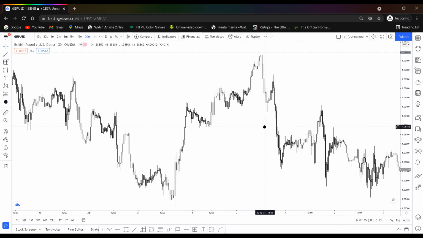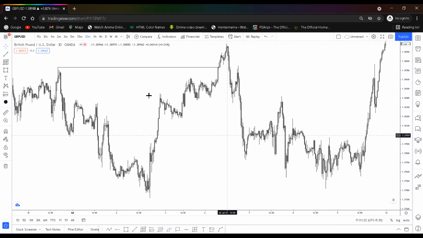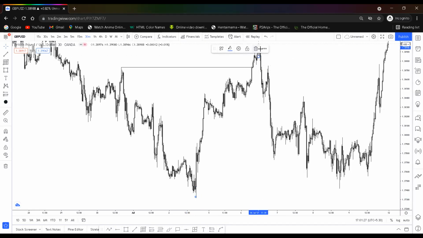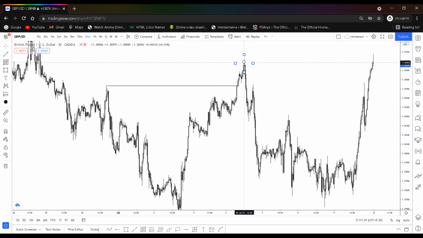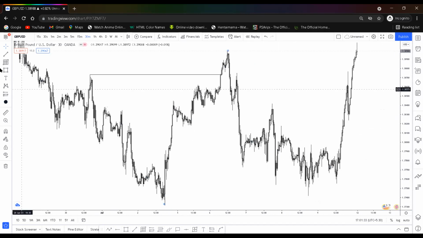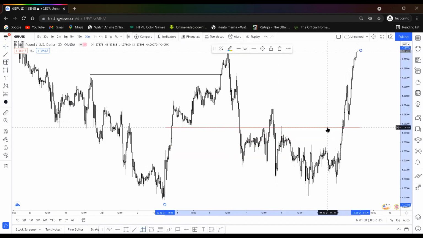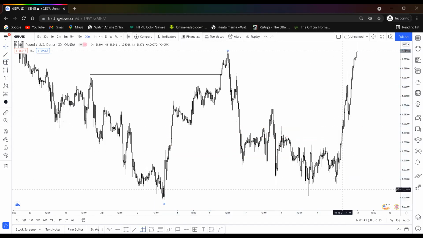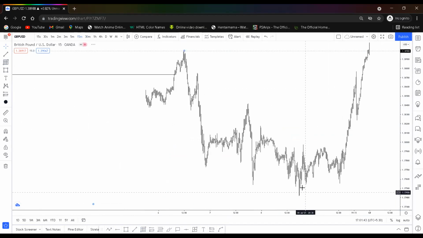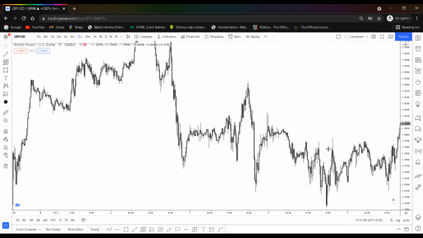So from this low to this high is our range. Anything below this would be our discount prices. Now we drop down to the 15-minute.